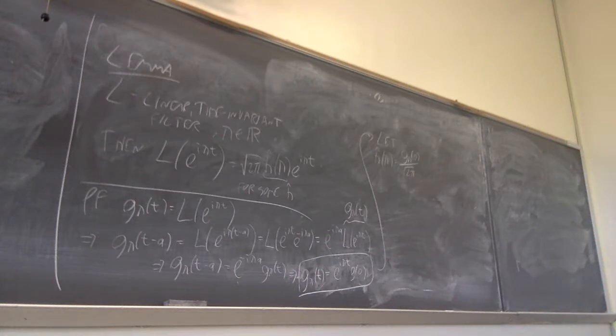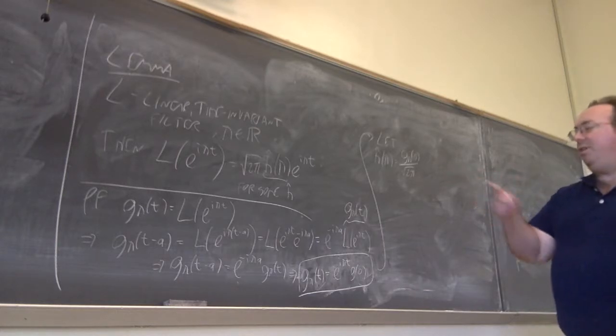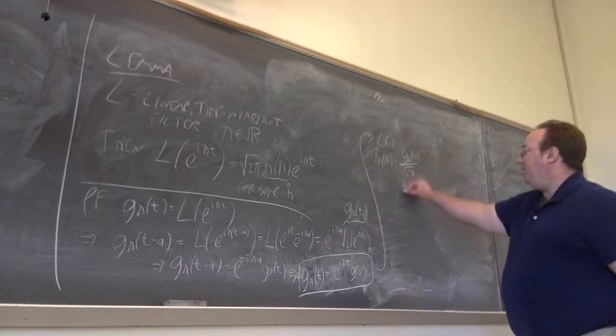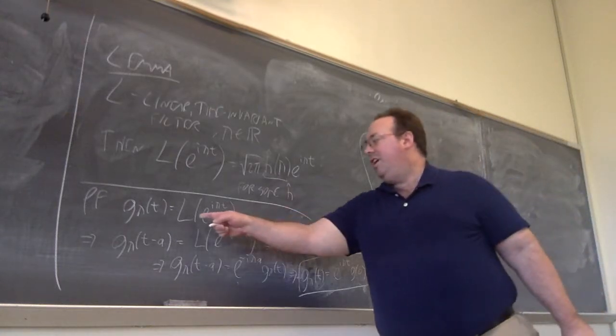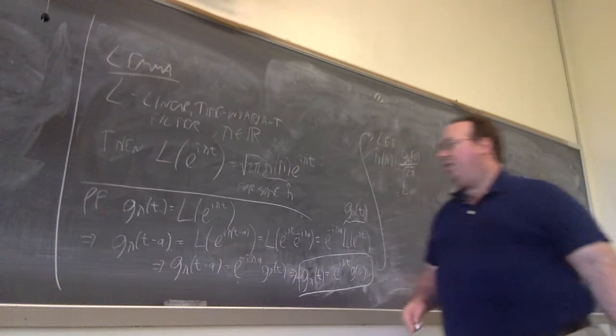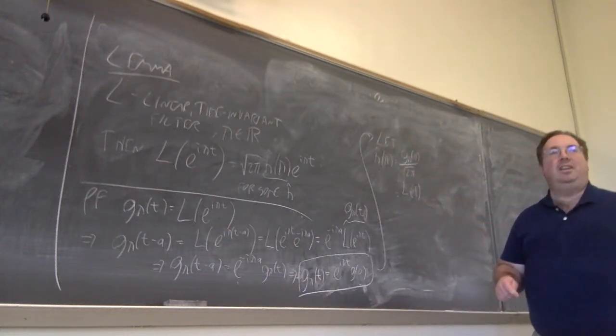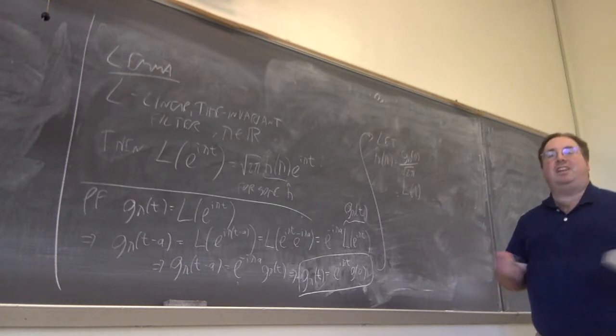Now, but what is g lambda of 0? That is equal to what you get by applying, using this definition here, L of this, where t is equal to 0. So it's L of 1. So in other words, it's what you get by applying your filter to the function that's identically equal to 1.